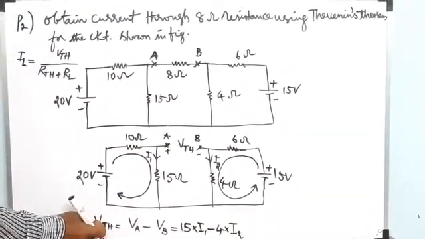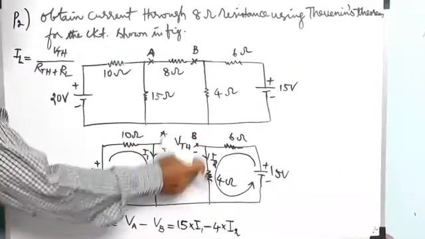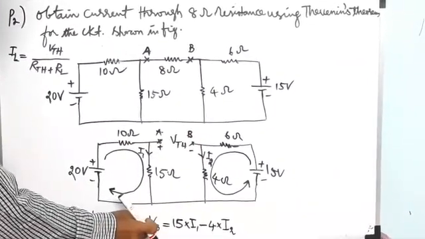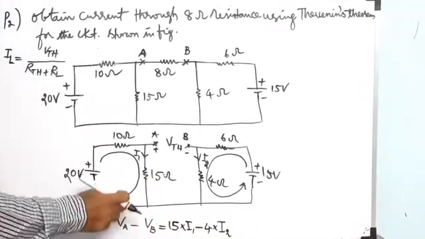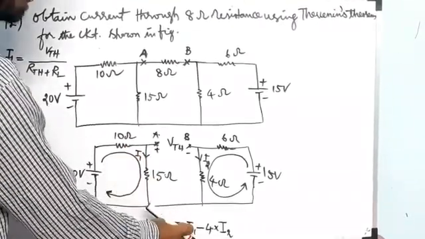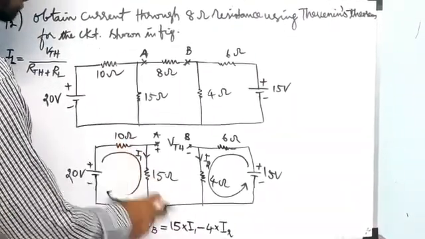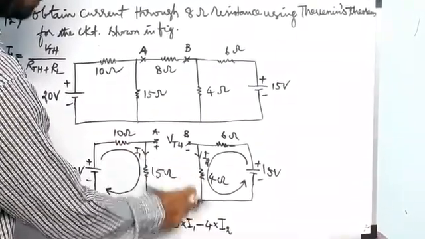Now VTH is equal to VA minus VB, where I consider this positive polarity and this negative polarity. VA is the voltage, which means current into resistance. Which current is flowing here? I1, through the 15 ohm resistance.